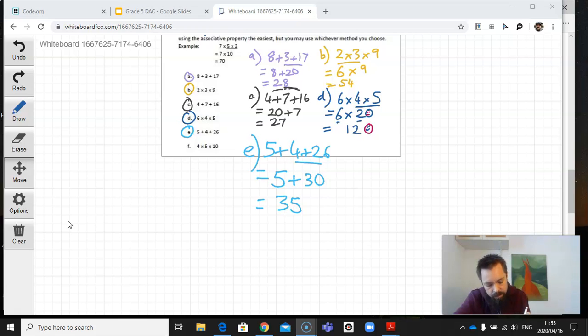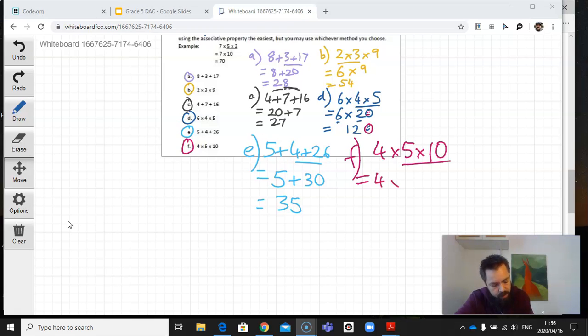Last question. Let's go purple again. Nah, let's go for red. Okay, if 4 times 5 times 10, I think it doesn't really matter which way you do this one, but perhaps let's do that part first.